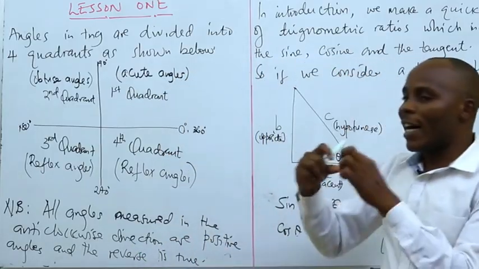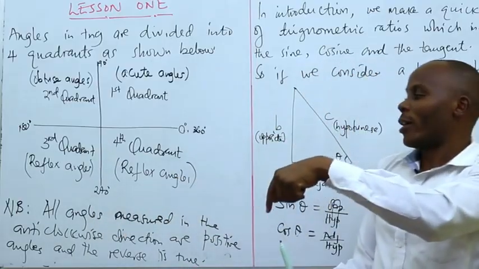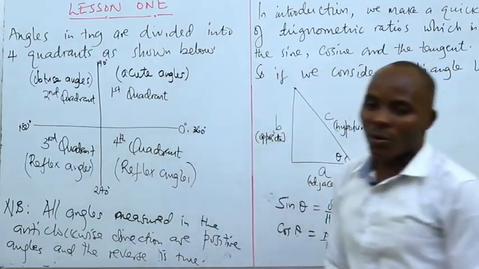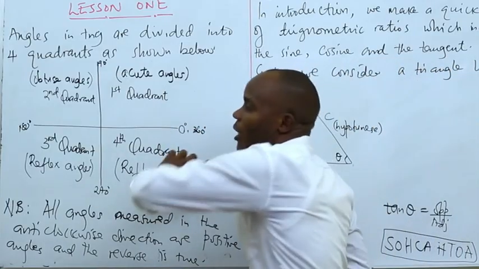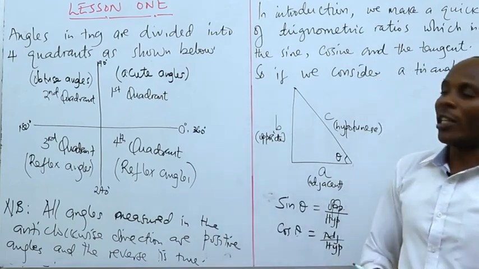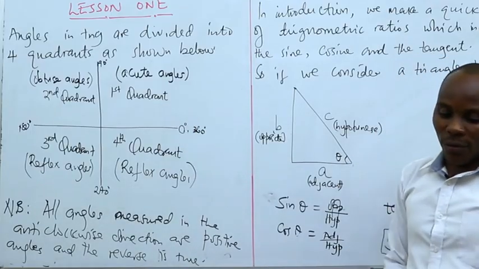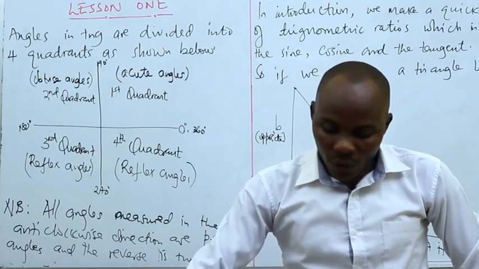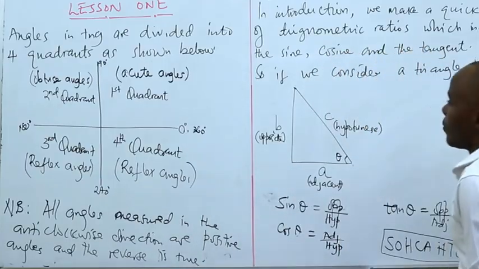That's why we call it the anti-clockwise, because we are moving against the movement of the clock hands. When we are determining our angles, we base on that kind of movement, and all the angles measured in the anti-clockwise direction are positive angles. Meaning, if you measure them in the clockwise direction, you'll end up with negative angles.